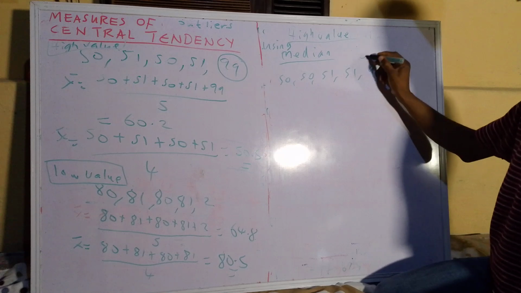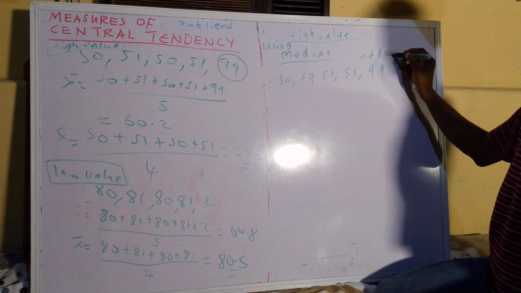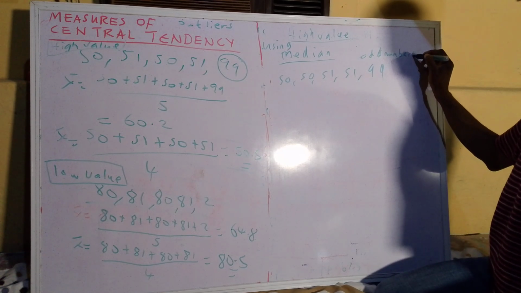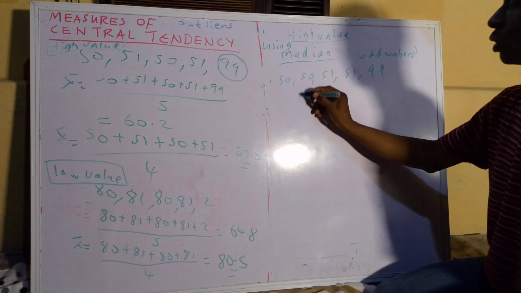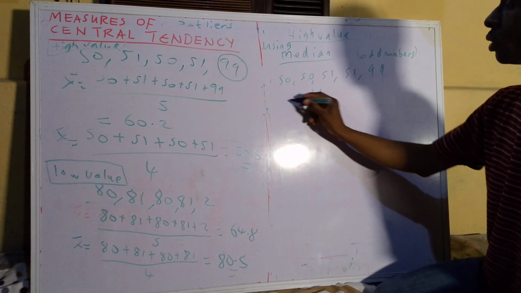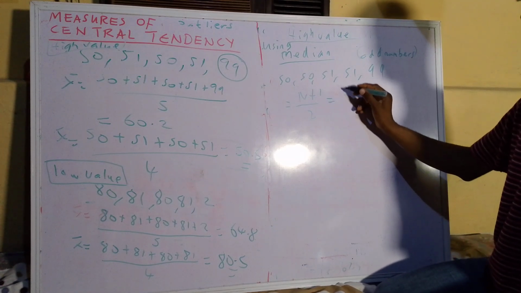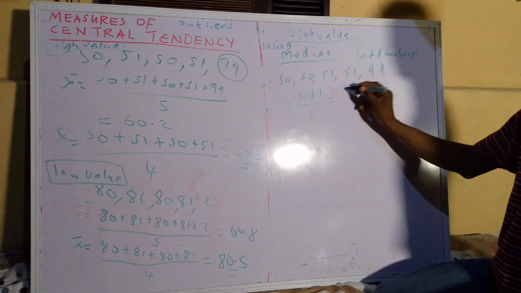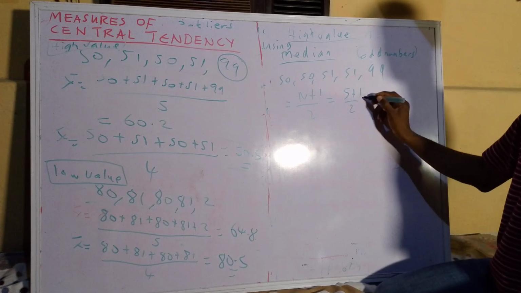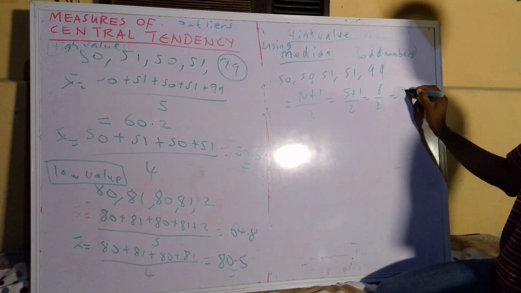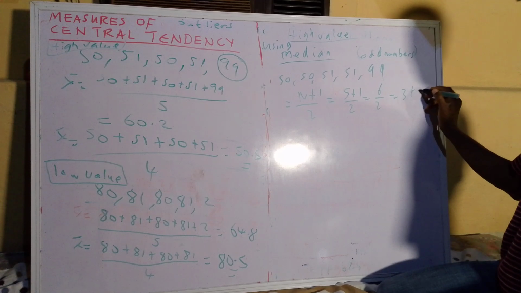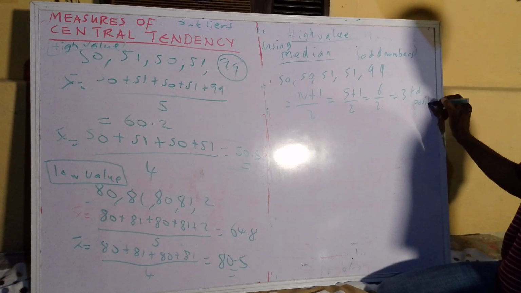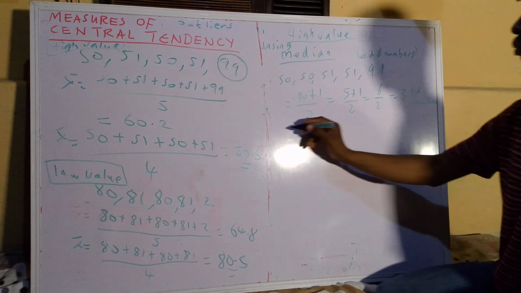This is a case of odd numbers, so you use n plus 1 over 2 to get the median position. How many are there? 1, 2, 3, 4, 5. So it is 5 plus 1 over 2, that is 6 over 2, which is 3. So the third position is the median position.